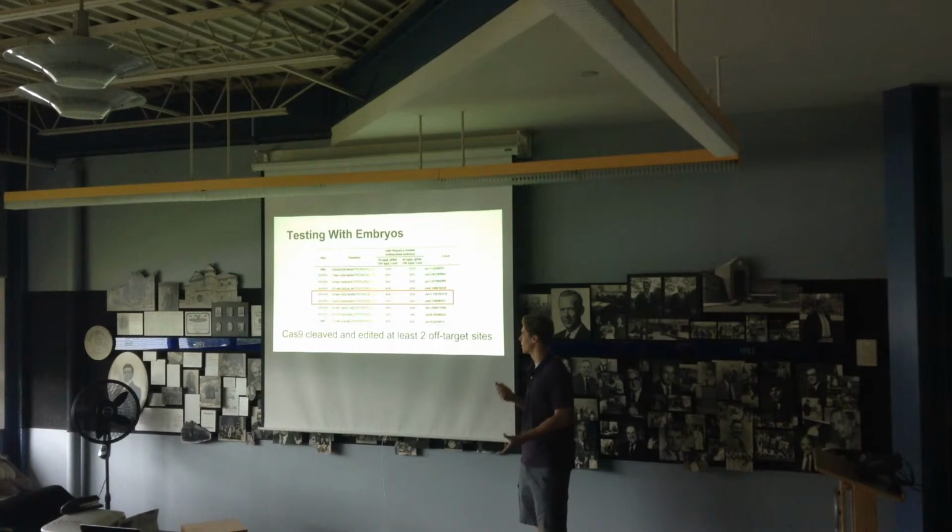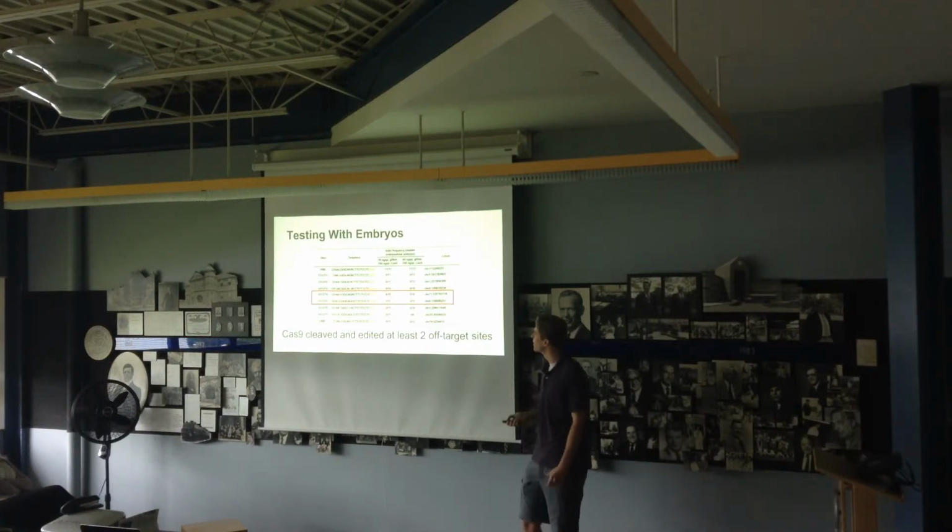This is again a problem because they did not intend to create mutations at those 2 sites, and there's always the possibility that these mutations are harmful to the cell. So that's another problem that will have to be addressed.